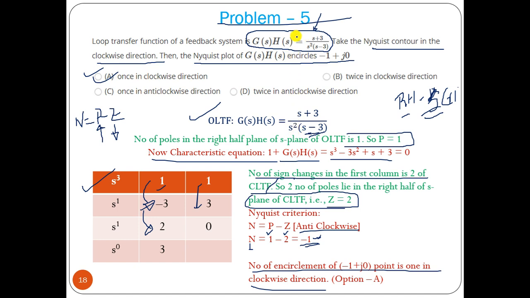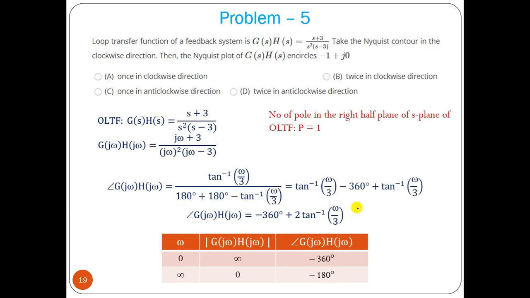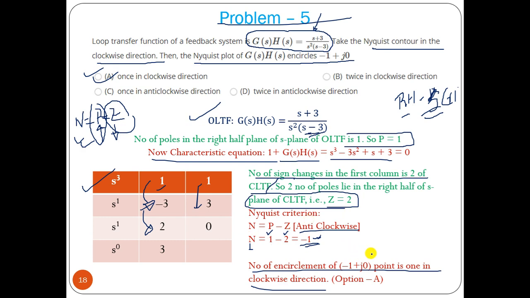Just from the open loop transfer function we can find the p value, then from the characteristic equation of the closed loop transfer function we can find the z value using the Routh stability criterion, then we can subtract and find the number of encirclements in clockwise or anti-clockwise direction. There is no need to draw the Nyquist plot, but let us draw it and check that answer.